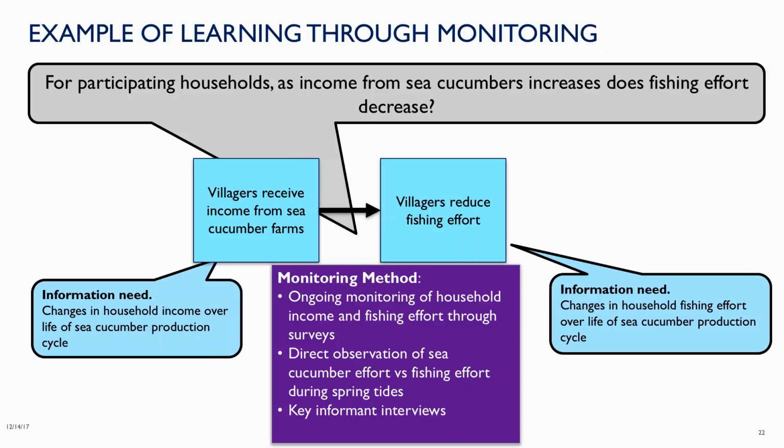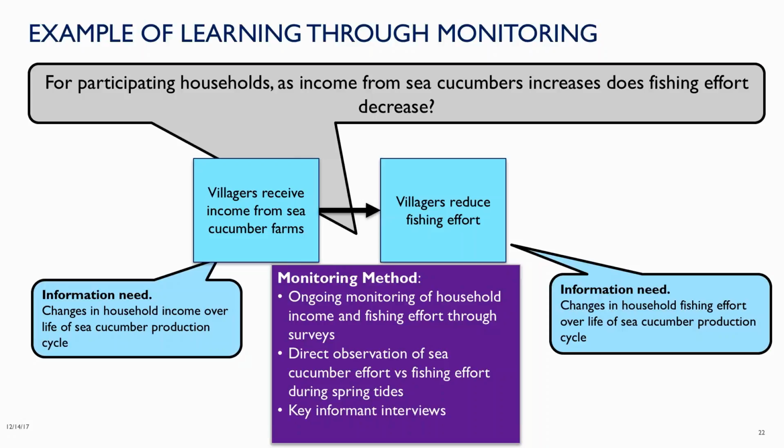And it's important here when developing your methods to be really thinking specifically about the unit of analysis. So to think about, should we be measuring income and fishing effort at the household level, at the individual level, at the community level? What's the right unit for our analysis? And that's going to depend on your context, the audiences you're trying to reach, the specific question that you need to answer.